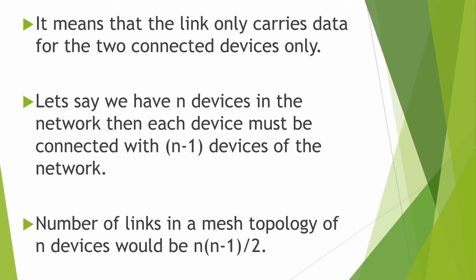For that, each device is connected to a number of other devices, so we need to know how many devices are to be connected and how many links are needed. For that we have a formula. If we have n devices in the network, then each device must be connected with n minus 1 devices.